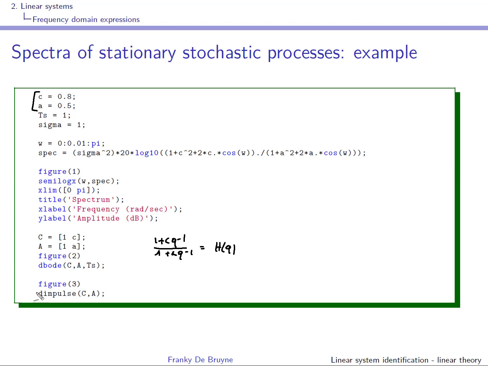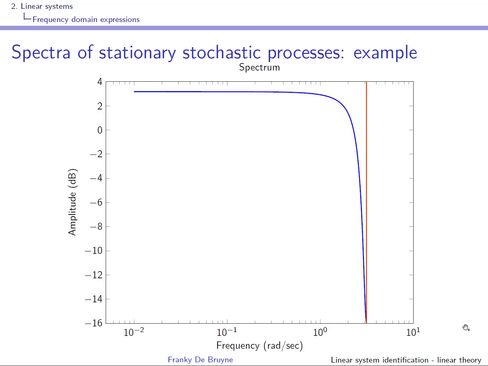In the last plot, we'll look at the impulse response of the system, computed from the transfer function. What you see over here is the spectrum of v that we have computed for these particular values of c and a.